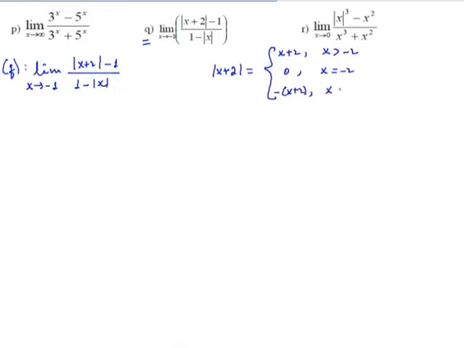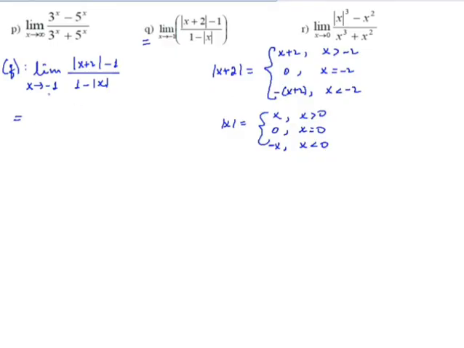Similarly, absolute value of x is positive x for x positive, 0 for x 0, otherwise minus x. By definition, absolute value of x is minus x for x less than 0, for x negative. So we have to keep this in mind whenever we evaluate the given limit.